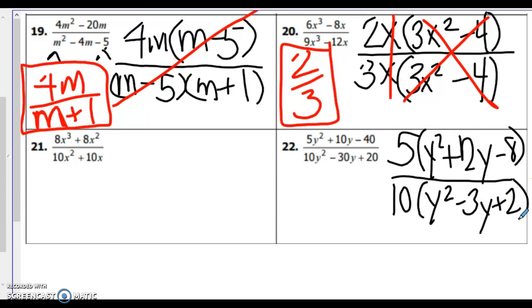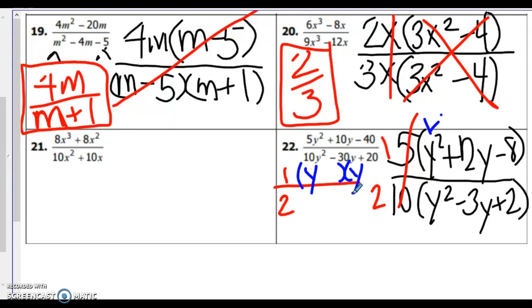All right. Well, first off, I can simplify these guys right away and get 1 and 2. But now let's look right here, the y squared plus 2y minus 8. I'm still not done with that. So I'm going to put the 1 and the 2 down. And then I'm going to go, all right, y squared, that gives me y and y.